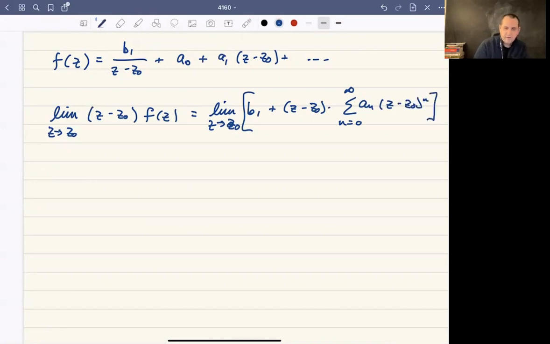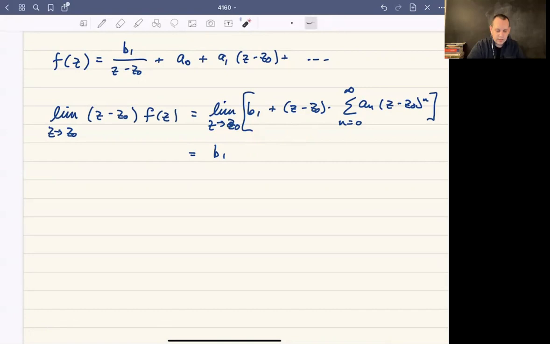Now, here, if you plug in z equals z naught, you're going to end up with 0. No surprise there. Here, this b1 is non-zero, so this limit is going to be b1. And this b1 is non-zero because what we said ahead of time is that f has a simple pole, meaning a pole of order 1, and therefore b1 is non-zero.